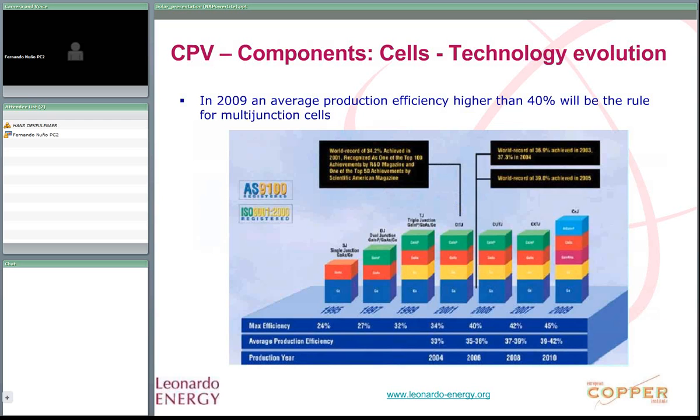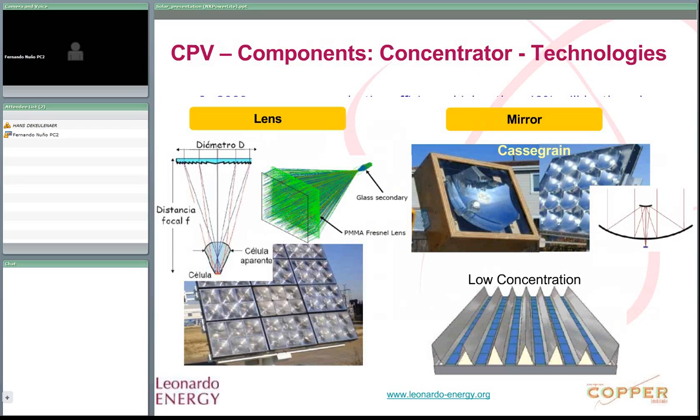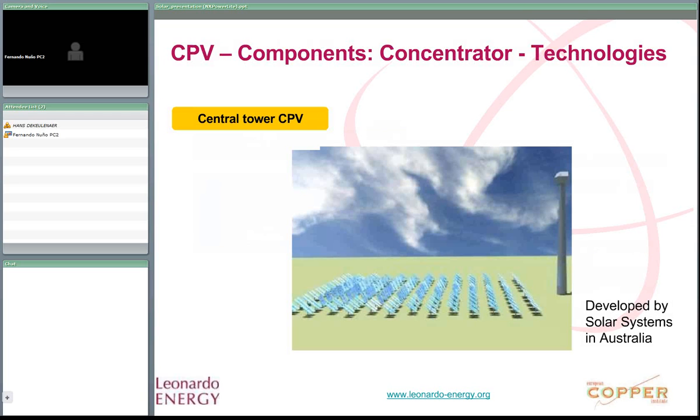Another fundamental component is the concentrator. So we have two main streams: lenses on the left and mirrors on the right. There is also another technology, which is central tower. This has been developed by Solar Systems in Australia.